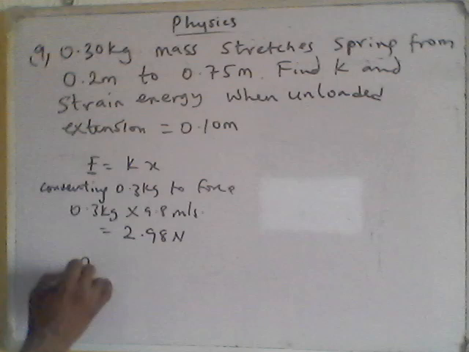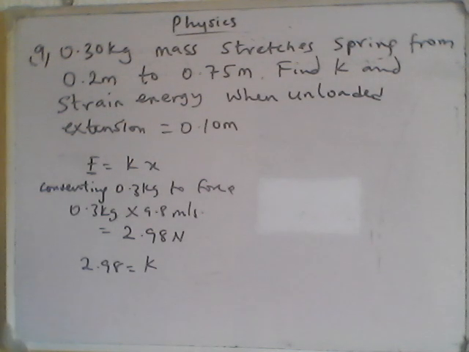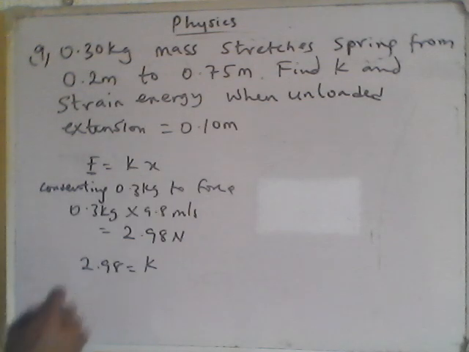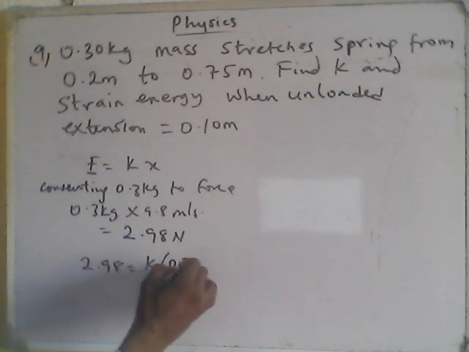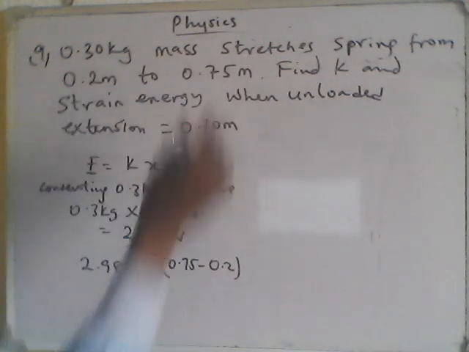So 2.98 is equal to K, which is unknown, times the extension, and the extension is the difference between the initial length and the final length. So extension is 0.75 minus 0.2. Let me just put it in brackets here. That is just these two. This is the initial length and final length, right?